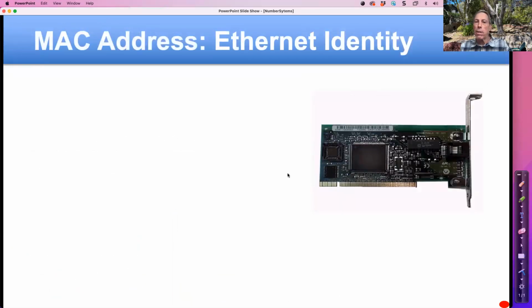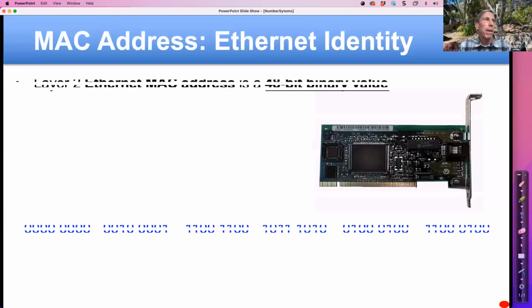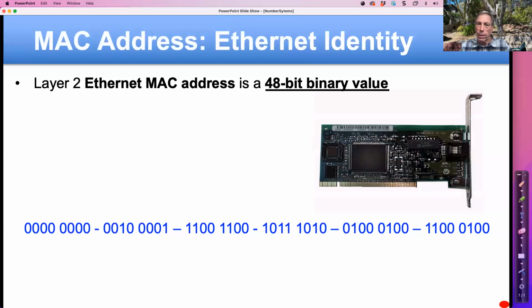Okay. All right, just to show you a little example here. I talked about Ethernet MAC addresses. Don't worry about what this is, okay? But Ethernet network interface cards, how you connect to the wired network, Ethernet, they have what's known as a MAC address. That MAC address is a 48-bit value. So there it is right here.